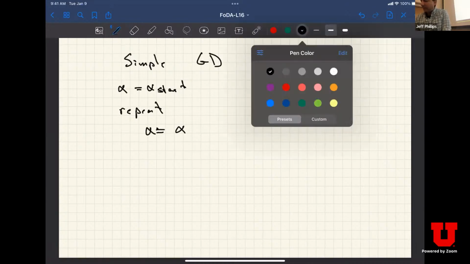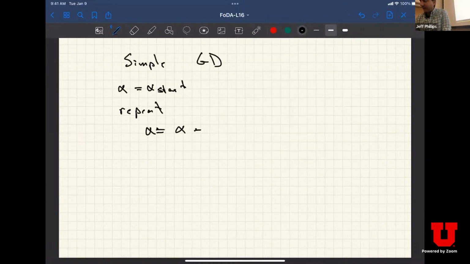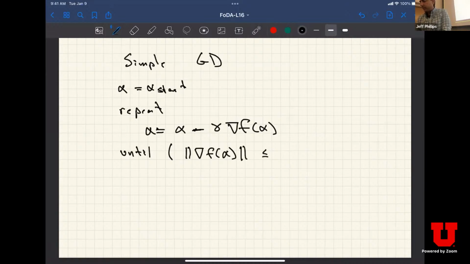A common mistake is to write plus instead of minus. Say until the threshold condition, okay, and then return alpha.